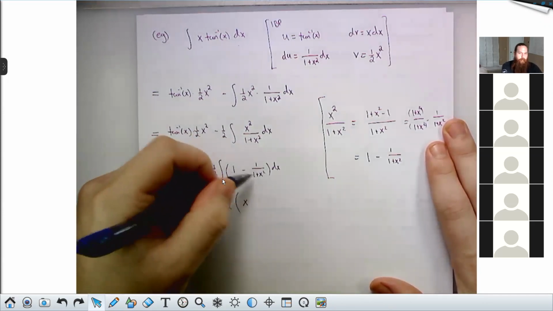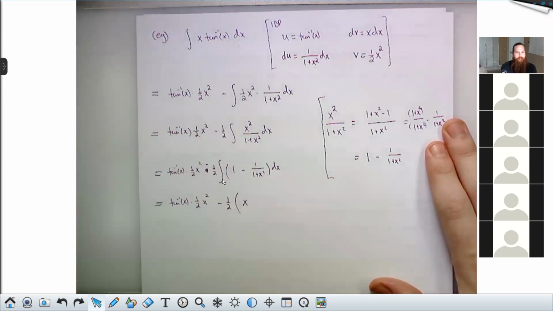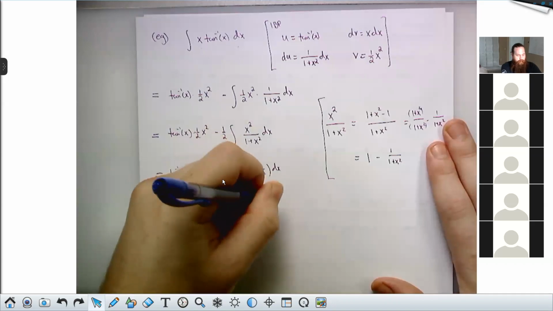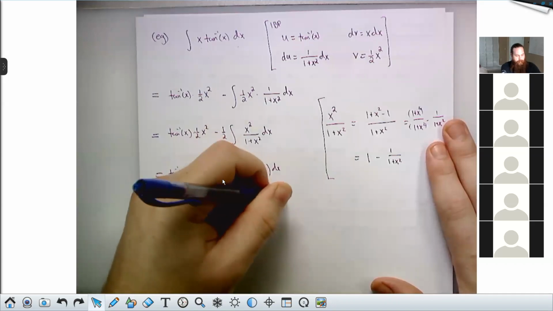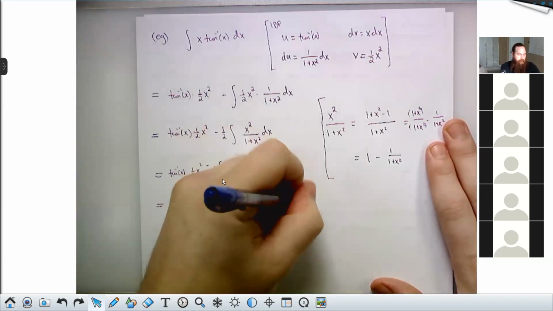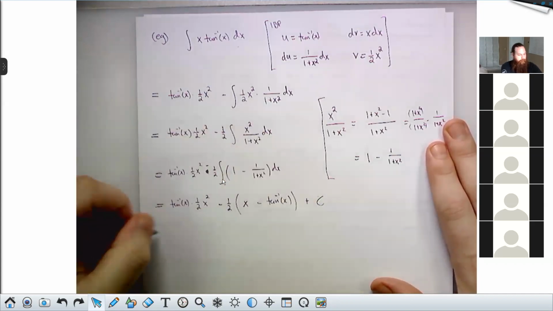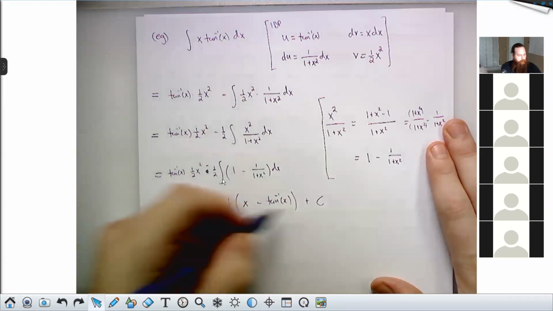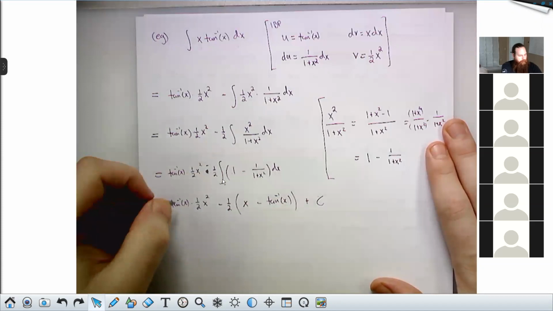The integral of 1 over 1 plus x squared, what is that? Inverse tangent of x. Yeah, it's just inverse tangent x. And at this stage where I have no more integrals, I should slap on my plus c. So if I collect all my like terms, I'll distribute the 1/2, put everything together here.